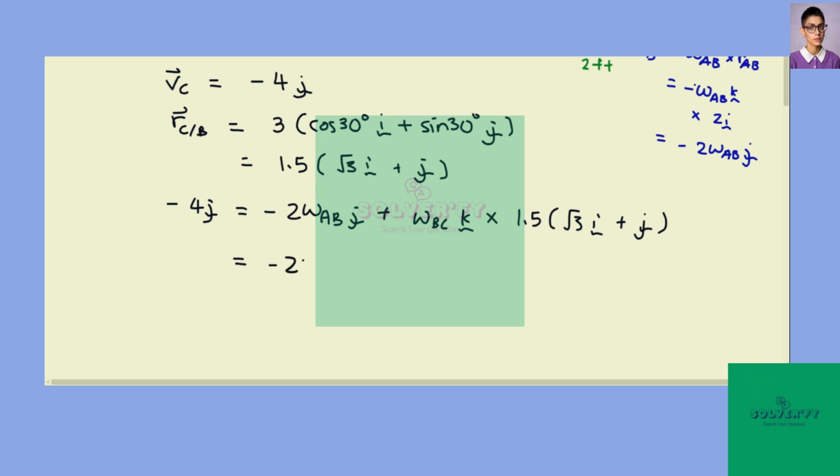We have minus 2 omega AB in the J direction plus, so we have two terms, K cross I.